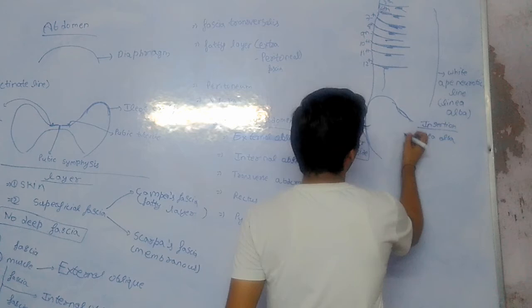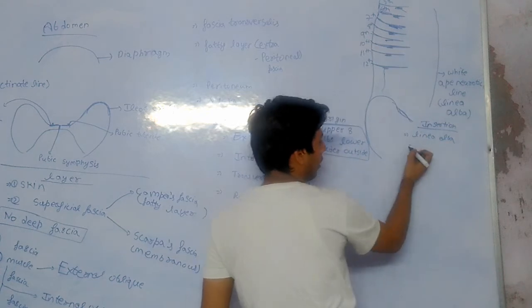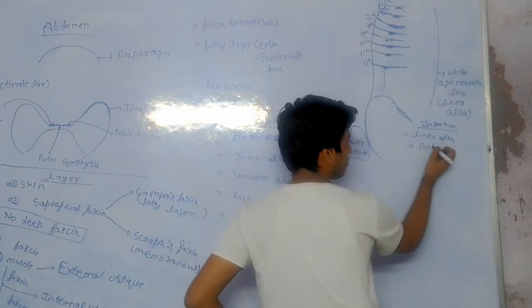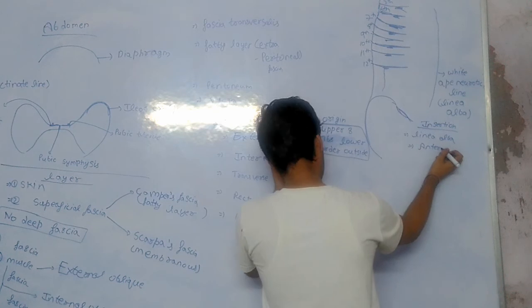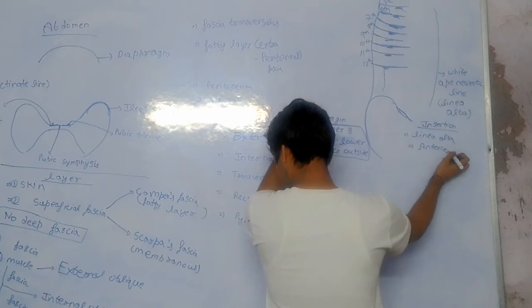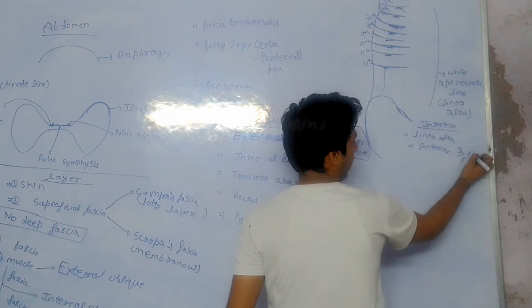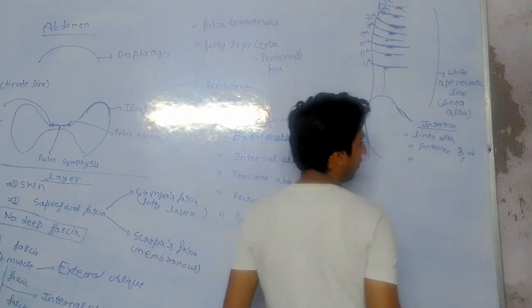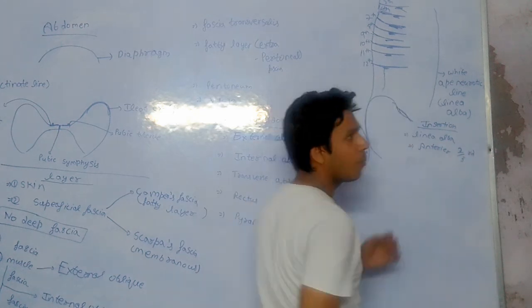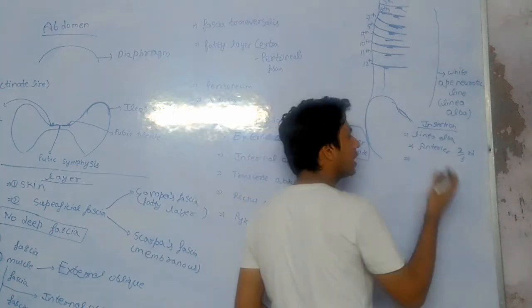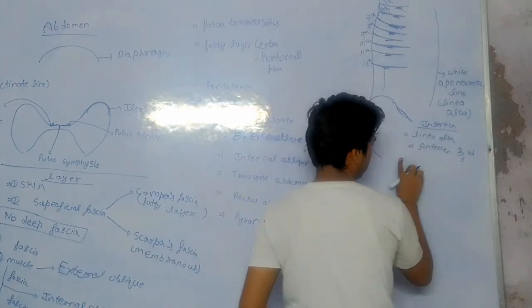Then again, one origin is at the iliac crest, anterior two-third. It forms a canal or ligament called the inguinal ligament.